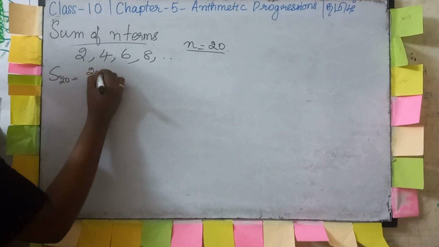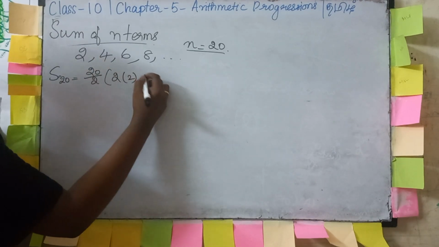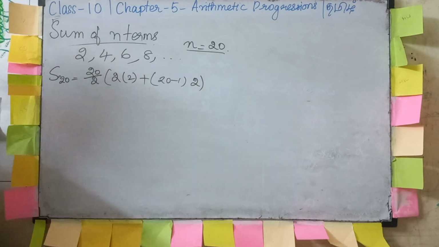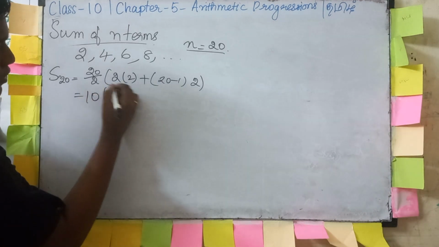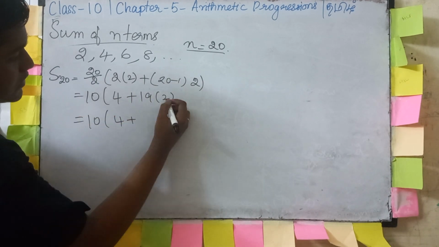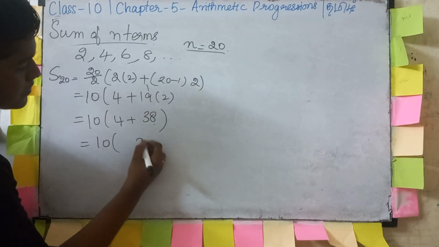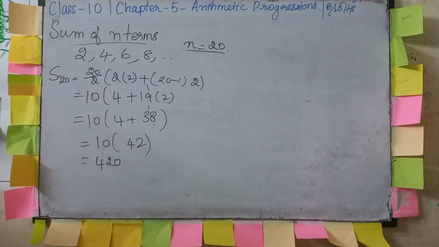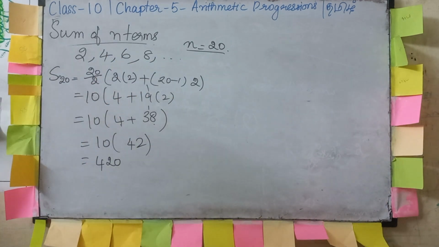S20 equals 20 by 2, n by 2, into 2 times first term 2 plus 20 minus 1, 19, times the common difference 2. 20 by 2 is 10. 10 into 4 plus 19 into 2, that is 38. 10 into 42, 420.